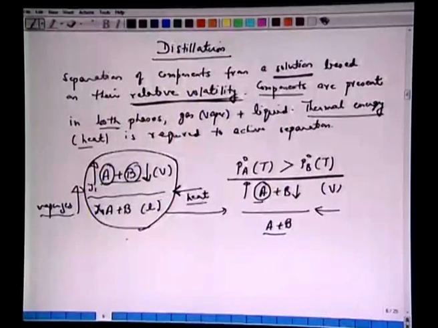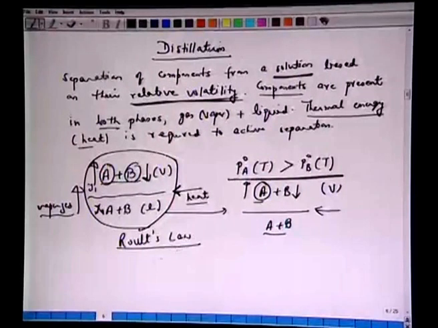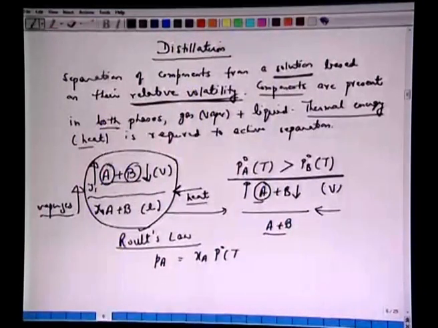We can still apply Raoult's law, all right. Raoult's law is applicable to obtain the partial pressure of A as a function of mole fractions and the vapor pressure, and also to relate the mole fraction in the gas phase, vapor phase, and in the liquid phase.